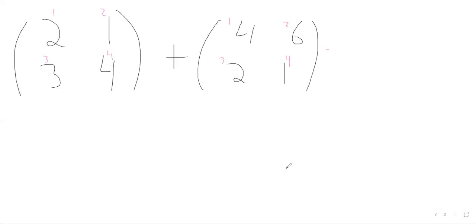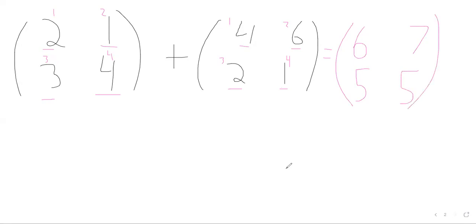Let's add the ones together: we have 2 and 4, so 2 plus 4 is 6. For the 2's, we have 1 and 6, so 6 plus 1 is 7. For the 3's, we have 3 and 2, so 3 plus 2 will be 5. And for the 4's, we have 4 and 1, so 4 plus 1 will be 5.